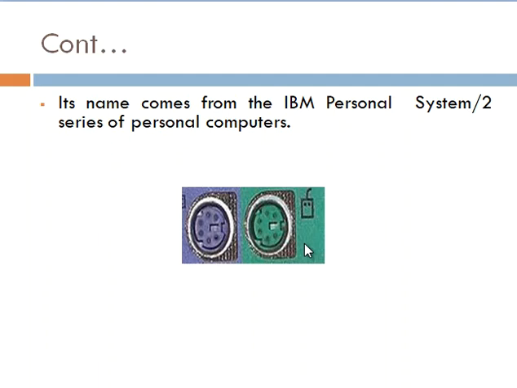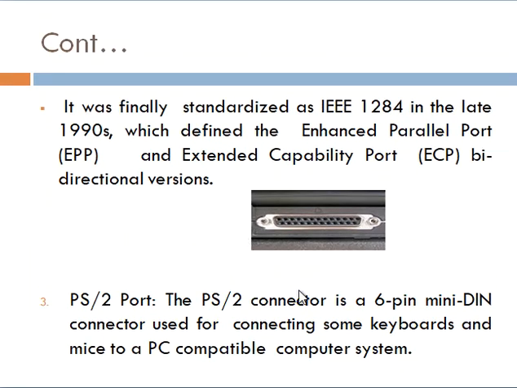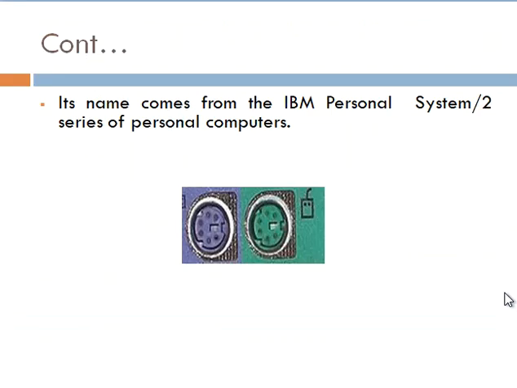In earlier days these pins were working, and this port is known as the PS2 port, and it has 6 pins. Now the mouse and keyboards are USB and plug and play. They are very easily installed in the computer, and give very effective results with enhanced speed.